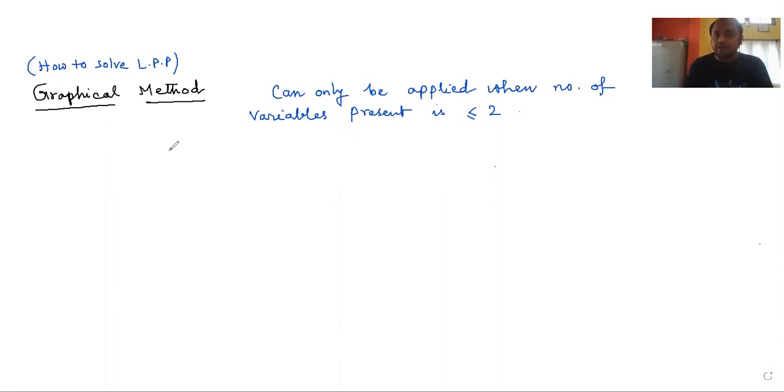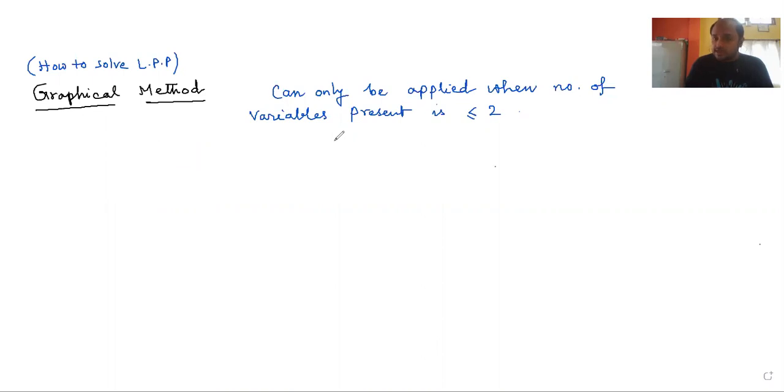In his book of operations research, he showed how to solve graphically a system consisting of 3 variables, and if a 2 variable system gives you a 2-dimensional figure, then a 3 variable system will give you a 3-dimensional figure. So he drew 3-dimensional figures and marked the regions accordingly, and it is a very hectic job.